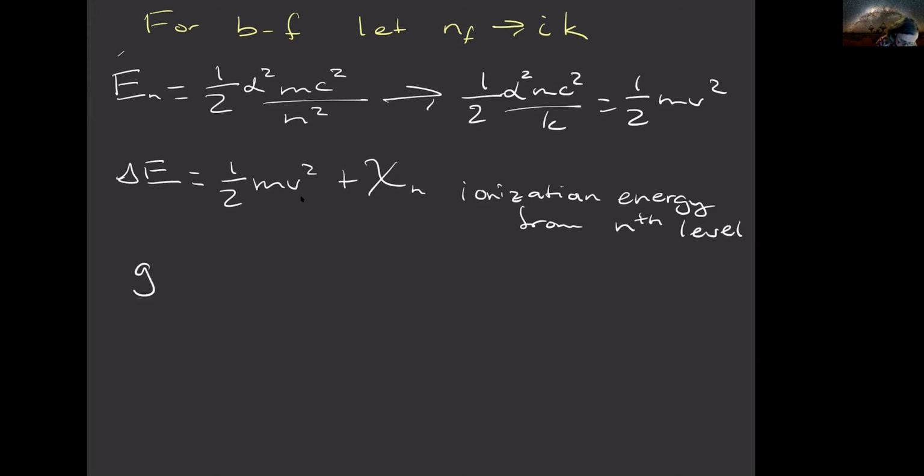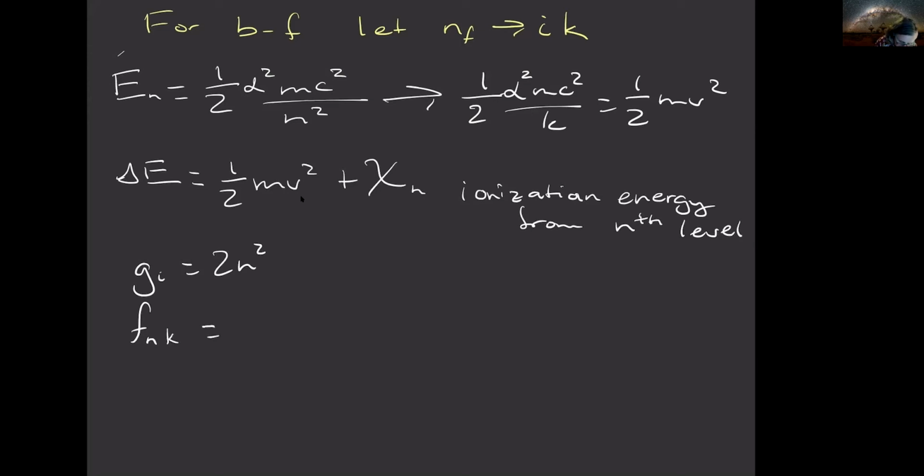Now the statistical weight Gi for the initial level is 2n squared. And from here we can, I should not say the statistical weight, I should say the G factor there, derive this Fnk, the oscillator strength, which is taking us from level n to a free state, our k state.